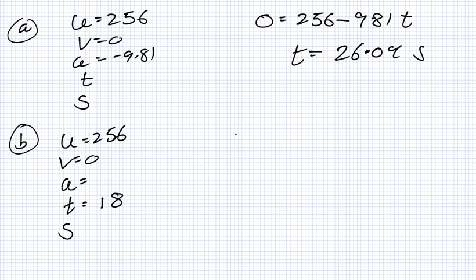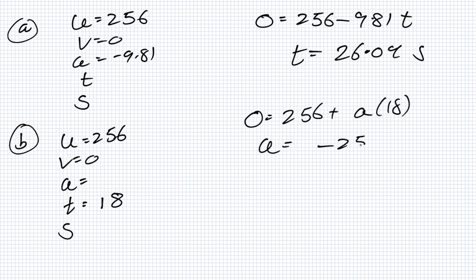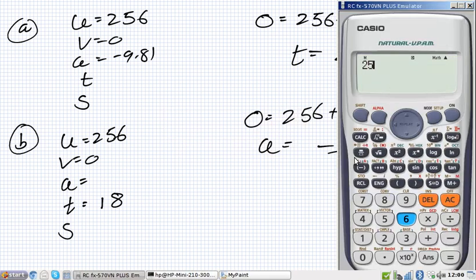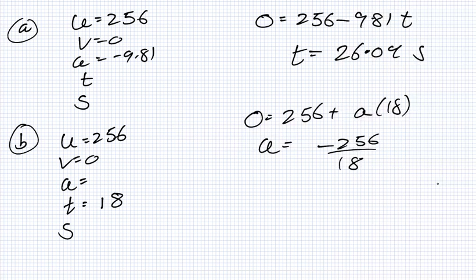So if we go with v equals u plus at, then the a here is minus 256 over 18. That is 14.222 with a minus. So it's decelerating faster than 9.81 meters per second squared.